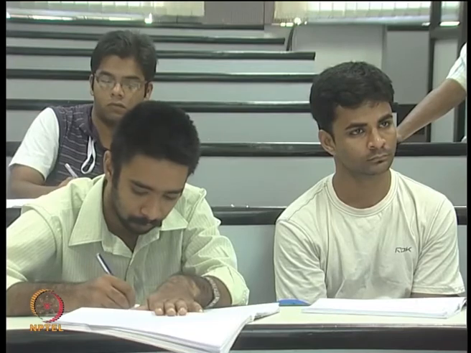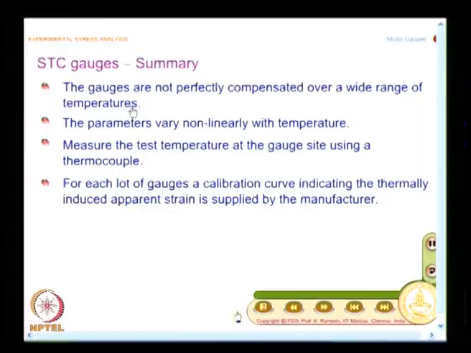We have already seen, because when current passes through the conductor, you have I squared R loss, at least the heat generated because of that can be compensated by a self temperature compensation, and this is not meant for a wide range of temperature. So, that you will have to keep in mind. So, when you are doing a strain gauge instrumentation, it is not that you go pick out some strain gauge, paste it on the specimen material and connect it and find out what is the strain reading. The strain meter will still give you some numbers, but those numbers could be way off. That is what you have to keep in mind.